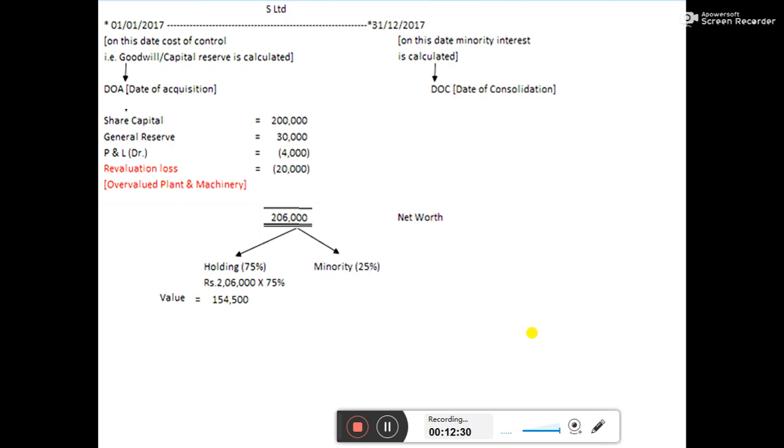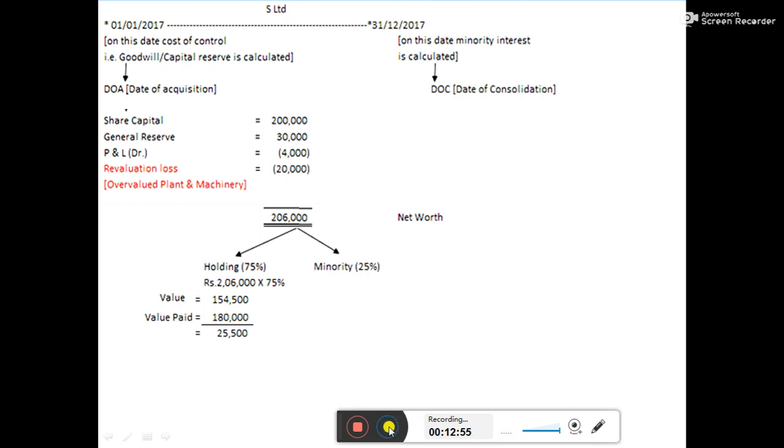That is, H Limited is supposed to pay S Limited 1,54,500, but they are paying 1,80,000. So they are paying more. More basically means they are paying 25,500 more. Basically, this will be the goodwill. If less was there, that will be called capital reserve.